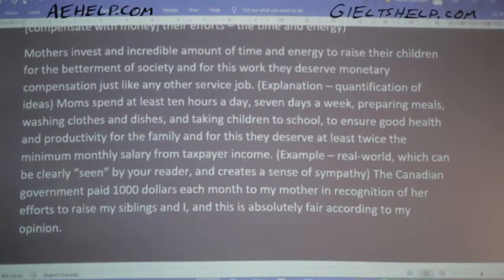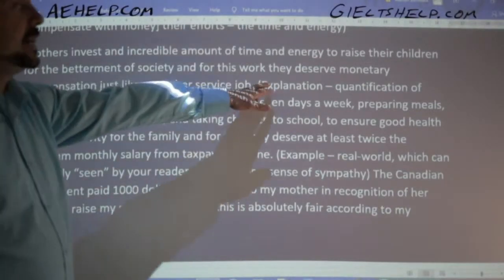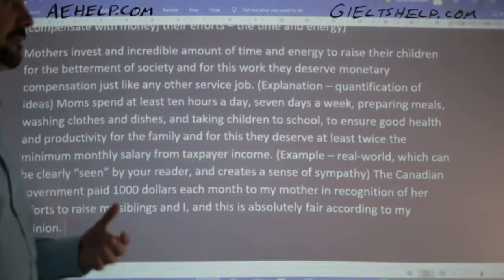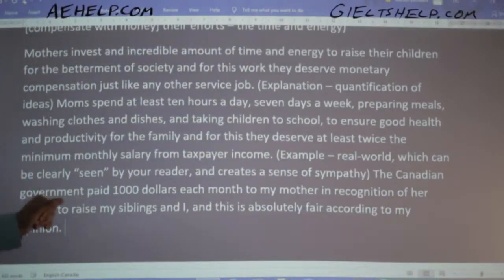Now, this paragraph seems a bit long, but it's actually not long if you take out my explanation and example definitions. And now I will do a connective sentence. Here, very simple connection. Okay, connection conclusion.